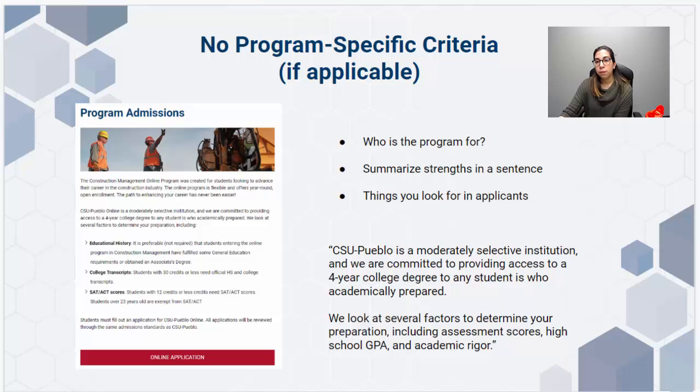Now, if you don't have program-specific criteria, we still recommend having this page. We will provide you with a general statement that comes from admission, about how CSU Pueblo is a selective institution. But we recommend adding any content of what students need to know after they've been admitted. An example is AIM.